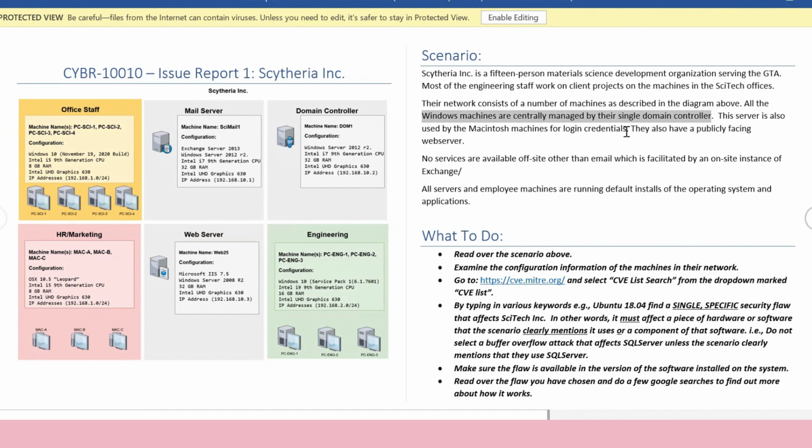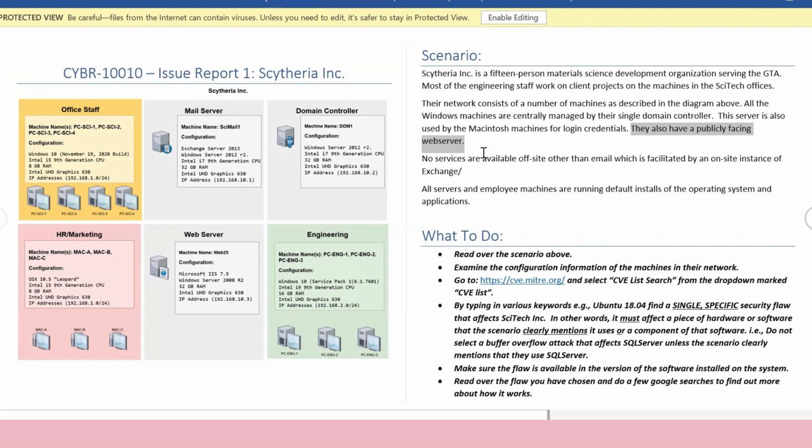So they have a publicly facing web server. When they say something is publicly facing, that means it's accessible on the internet. Maybe it's hosting their website, so people can visit their website, interact with it, view stuff, register stuff, whatever it is.